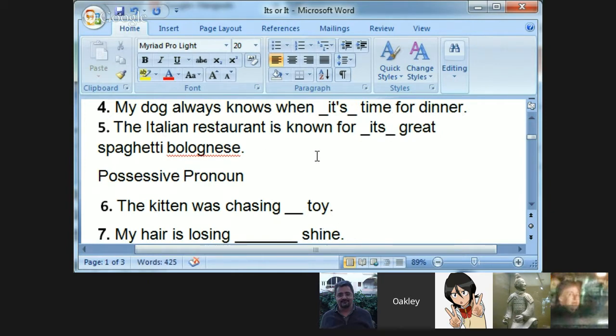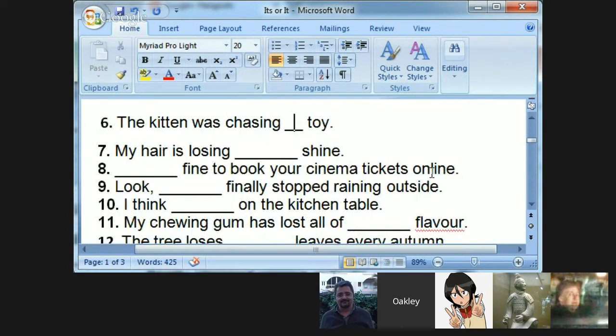Okay. Vicente, how about we try number 6, please? The kitten was chasing its toy. Possessive pronoun. The kitten was chasing the kitten's toy. Yeah, that makes sense.